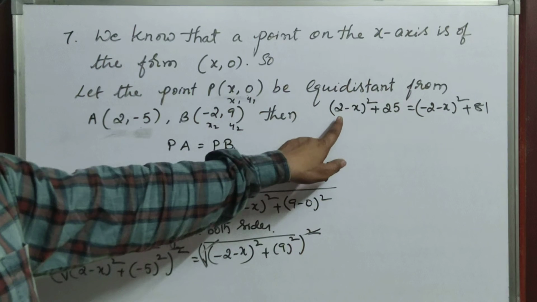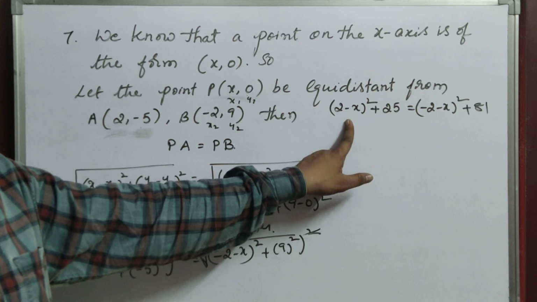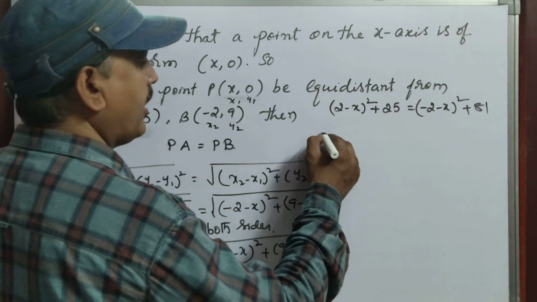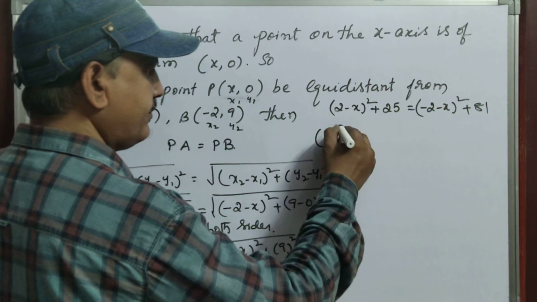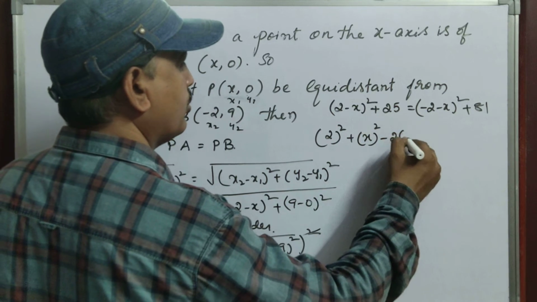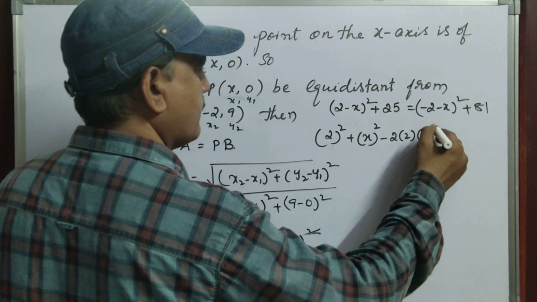Now 2 minus x whole square looks like the a minus b whole square formula. What is the a minus b whole square formula? a square plus b square minus 2ab.